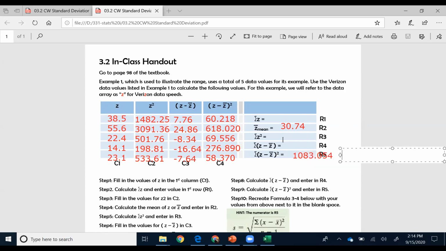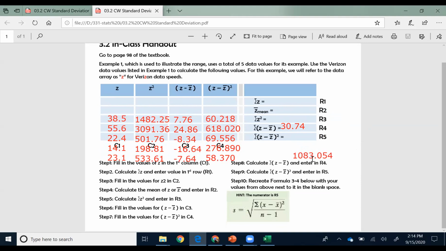Now, we have pretty much done the hard part for calculating a standard deviation. The reason why is this. I'm going to sit back and show you what this equation is. The equation that we have is S for the standard deviation is the square root of sigma x minus x bar squared, which is what we calculated, our 1083.054.